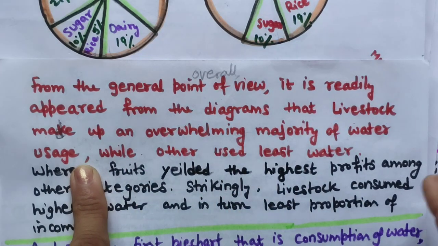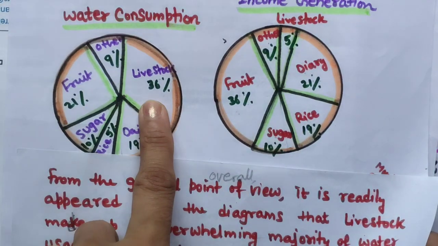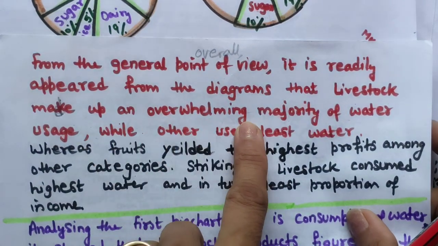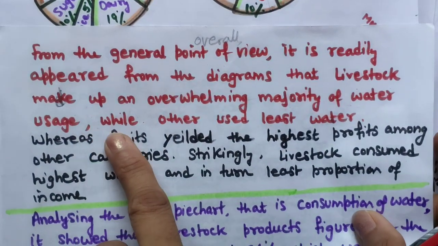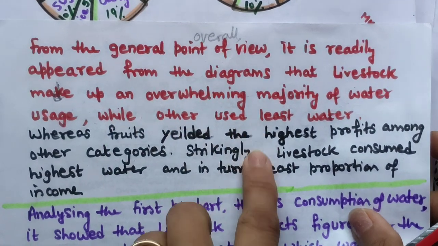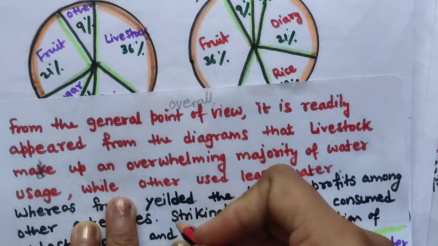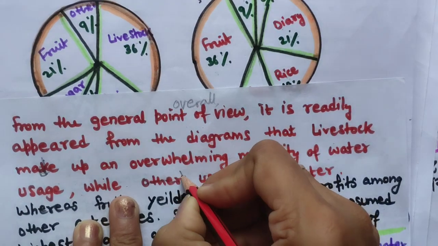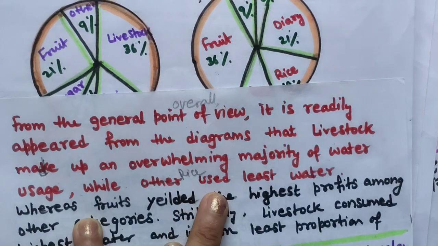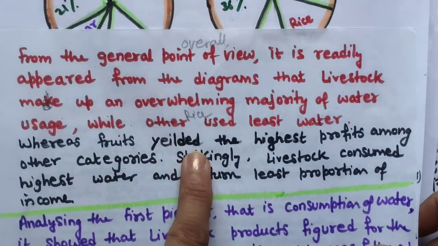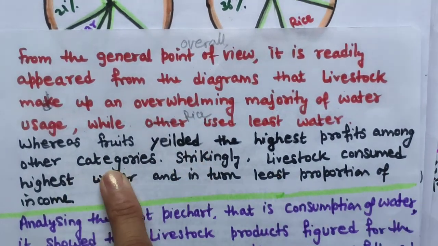What is livestock? See, this is livestock. We are talking about this livestock, which made up an overwhelming majority of water usage, while rice used the least water. Whereas fruits yielded the highest profits among other categories.